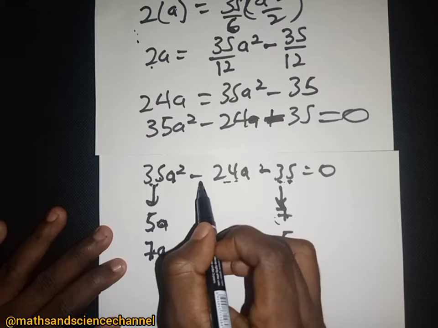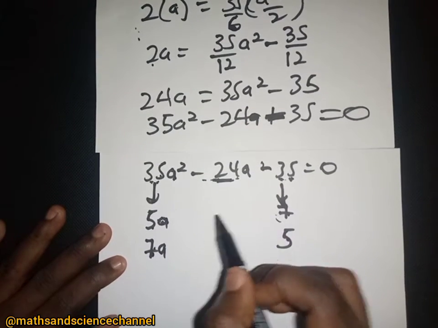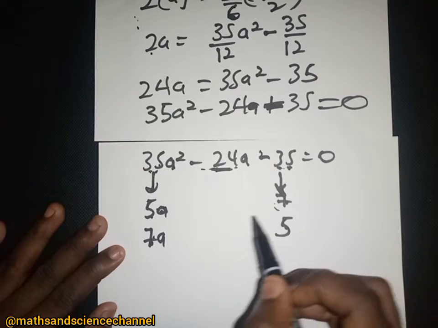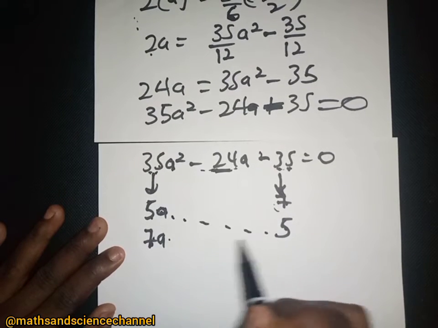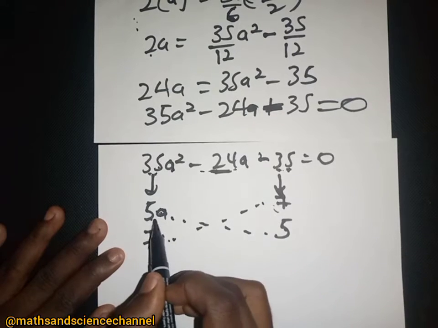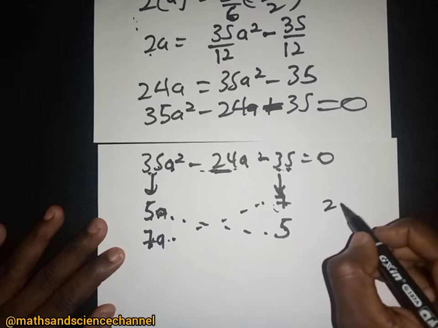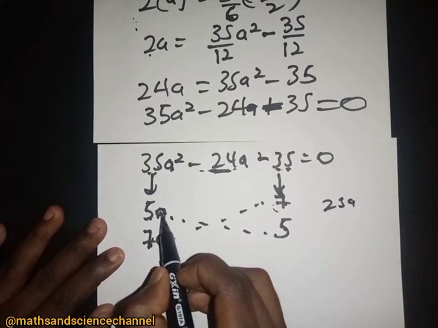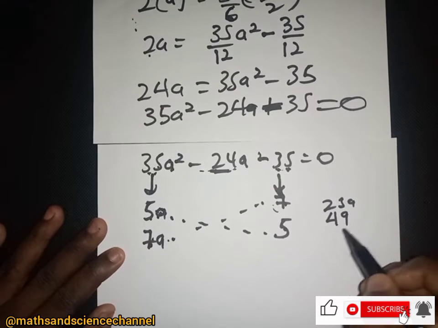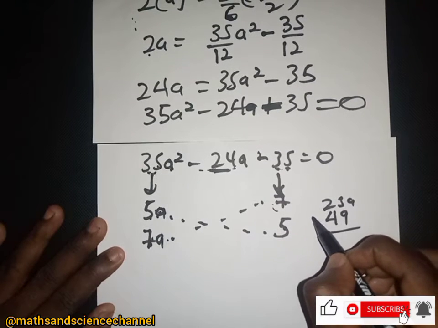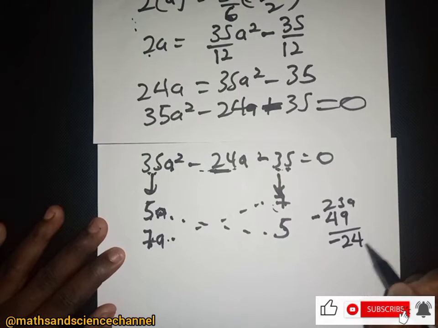But then also we must consider the 24 over here. If you multiply 5a by 5, that is 25a. Then we have 7a multiplied by that, which is 49, right? Now when we subtract them, we get negative 24a.